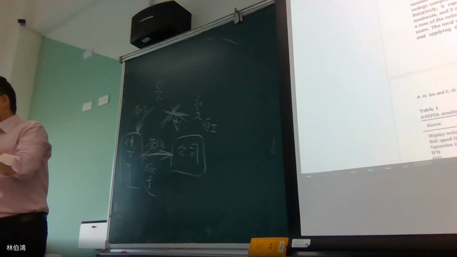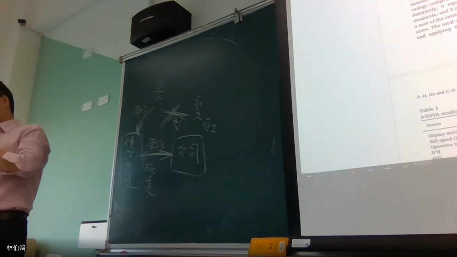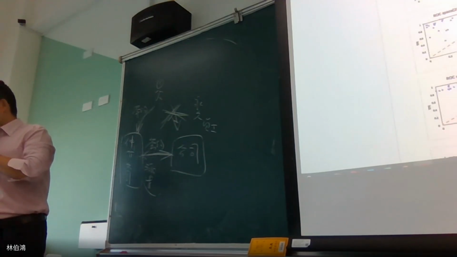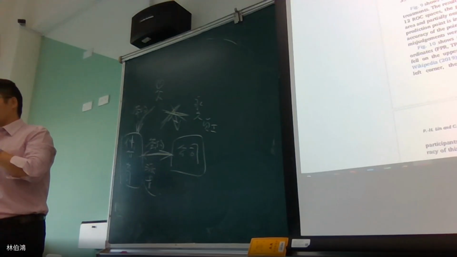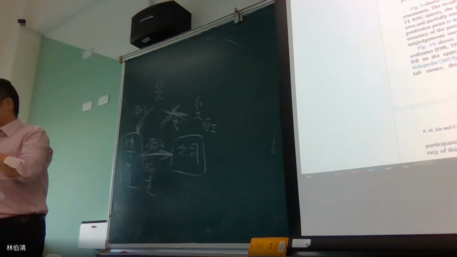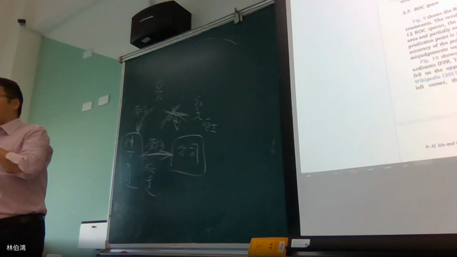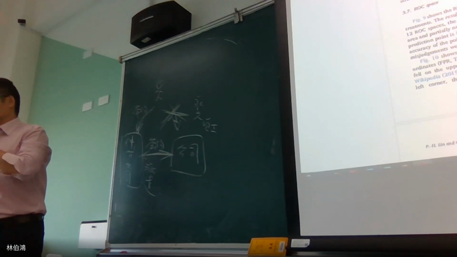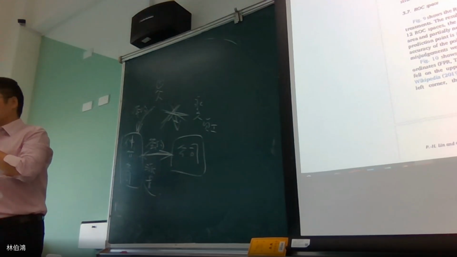And FPR equals false alarm divided by false alarm plus correct rejection. So if a sample falls in the upper left area, it means that it's reliable because it has higher TPR and lower FPR. Higher TPR means a higher hit rate and the lower false alarm rate. So that means your sample is reliable.